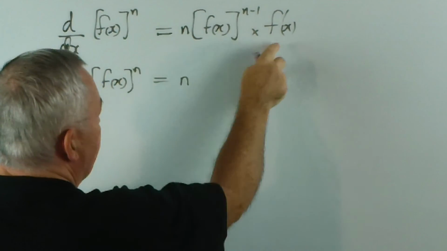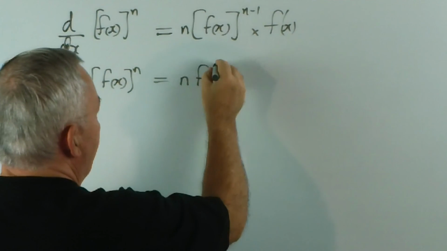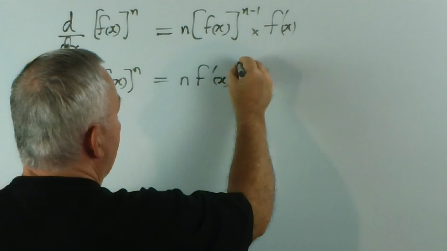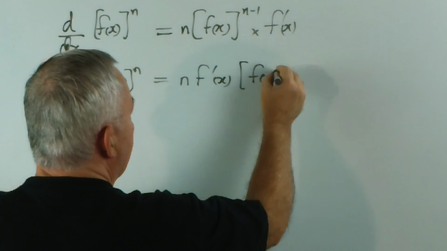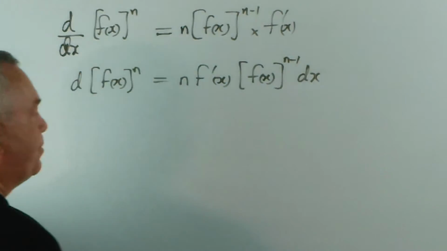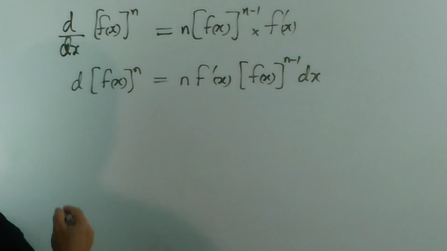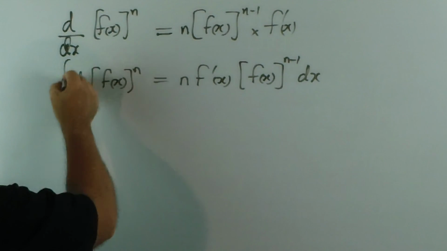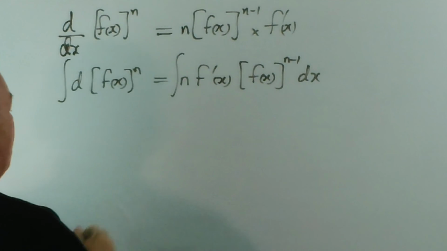I'm going to swap these two to bring this derivative forward. I'll explain why in a moment. It's not absolutely necessary, but it's just nice. And again, as in the last time, we integrate both sides.